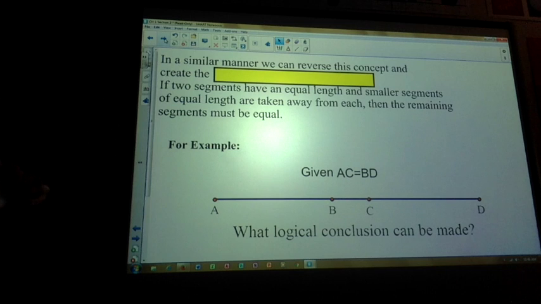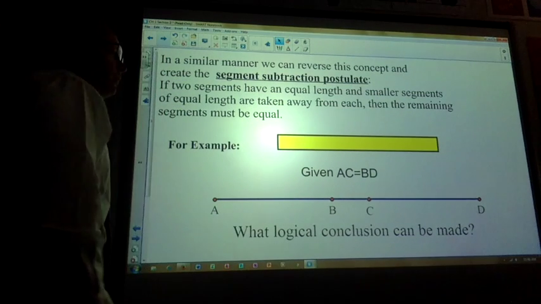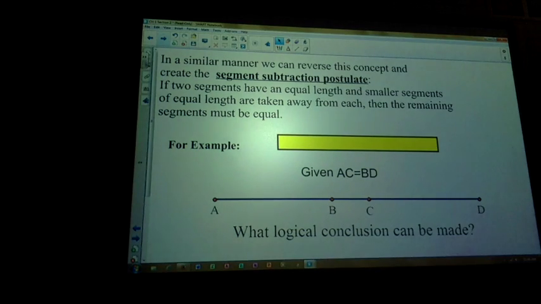In a similar manner, we can reverse this concept and create the segment subtraction postulate. If two segments have equal length and smaller segments of equal length can be taken away from each, then the remaining segments must be equal.